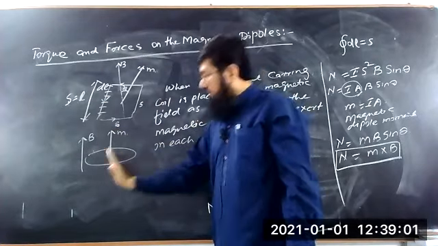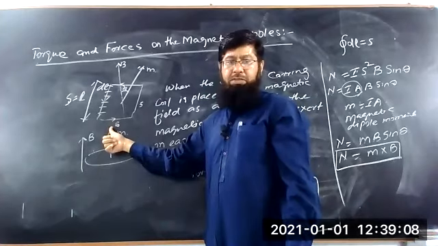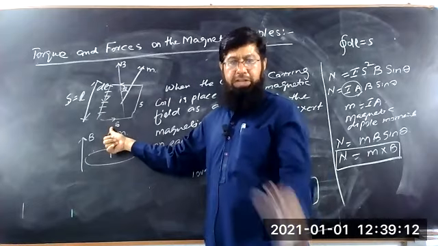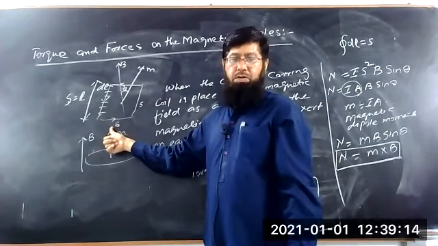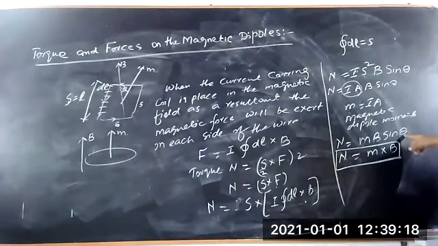So it will not rotate the coil, and the direction of the area vector will stay the same. The turning effect, or torque, is zero, because theta is 0 degrees and sine 0 is equal to 0.